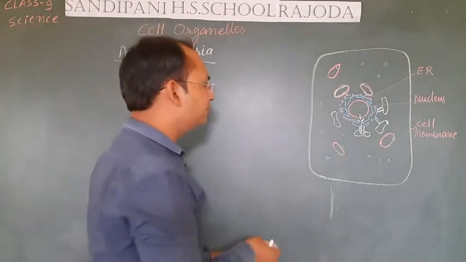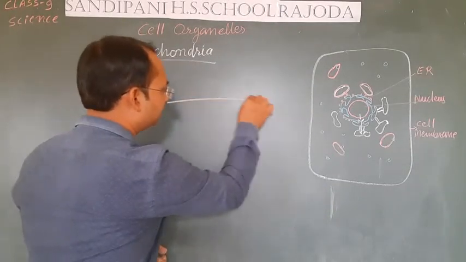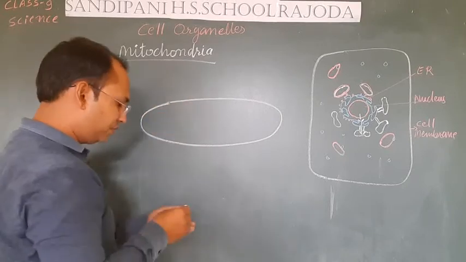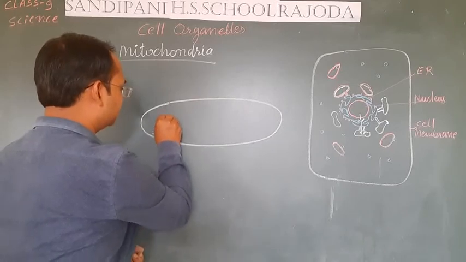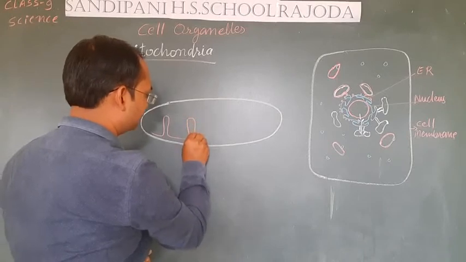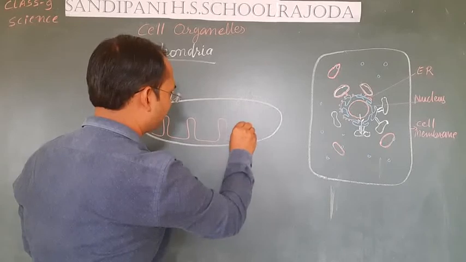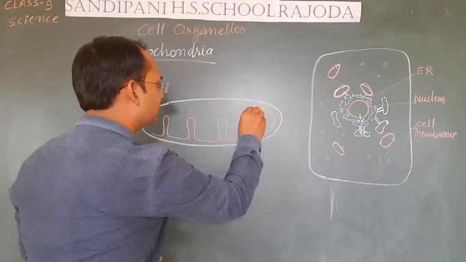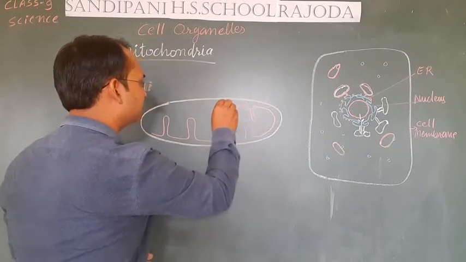Let's see how. If you see here the broad diagram of the mitochondria, this is the outer membrane of the mitochondria and the inner membrane is folded like this. This inner membrane has folds like this.